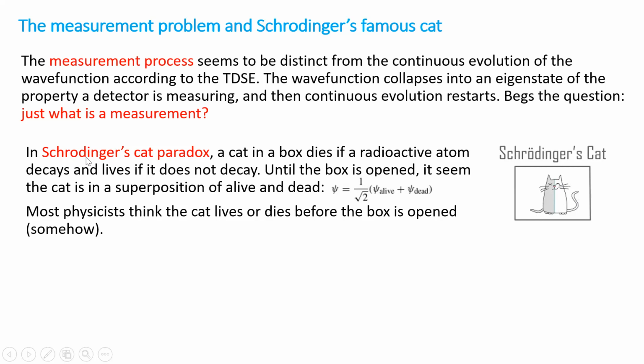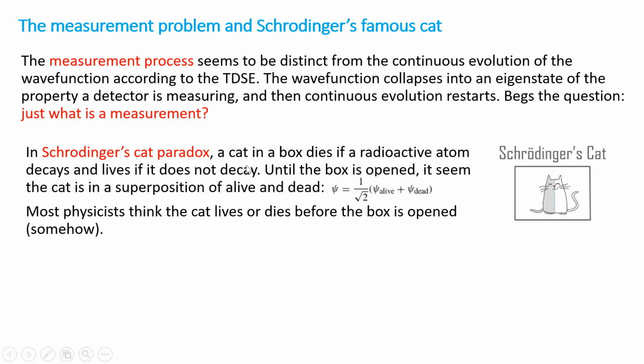You may have heard of the paradox, but let's summarize it very briefly. We have a cat in a box, and the cat will die if a radioactive atom decays. When it decays, it triggers a little hammer, which releases a poison gas and kills the cat. If the radioactive atom does not decay, the poison is not released and the cat lives.